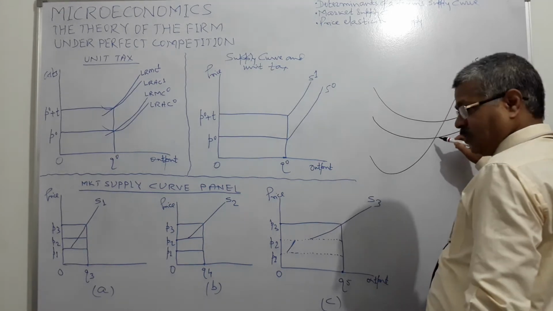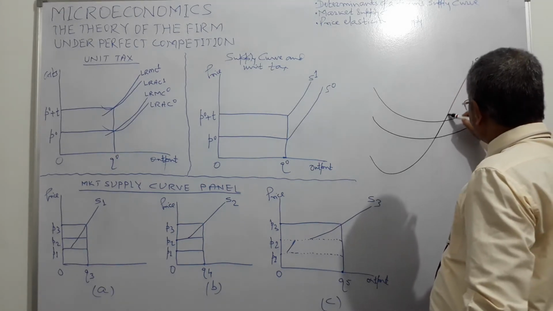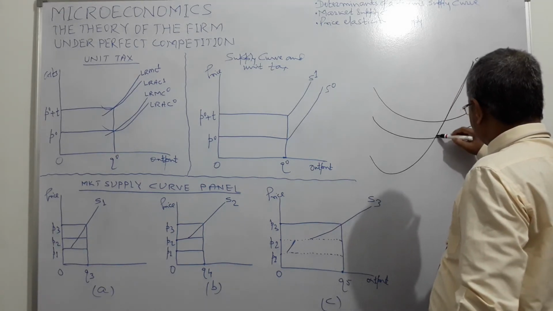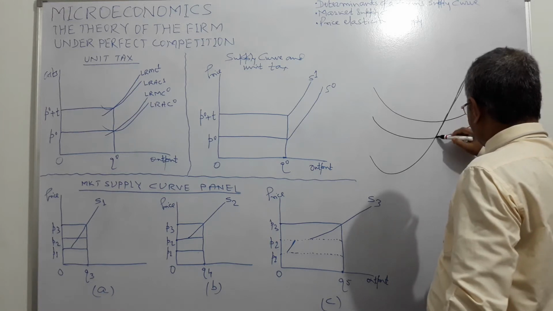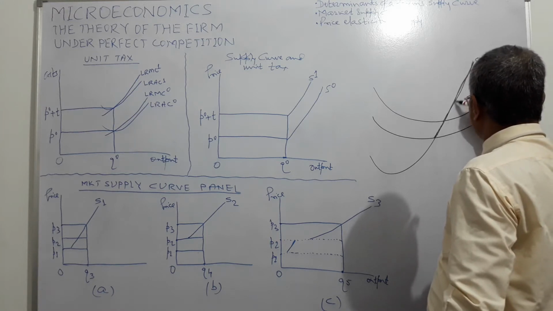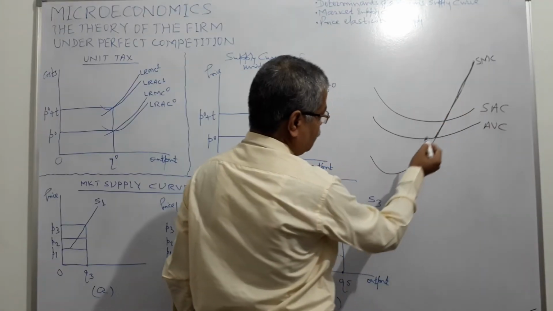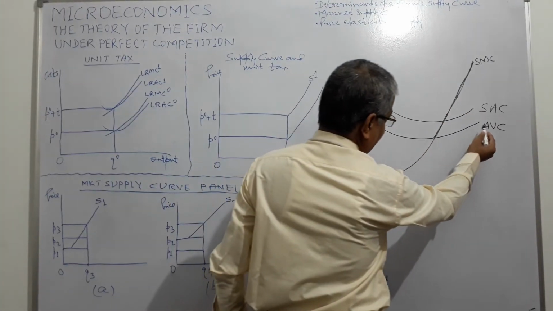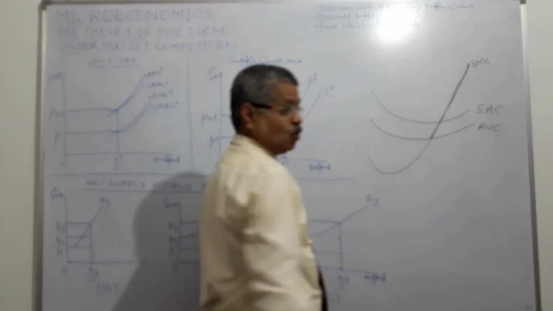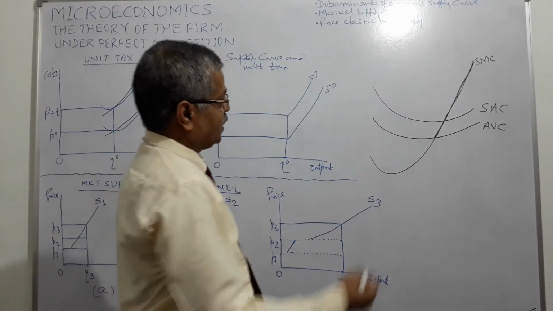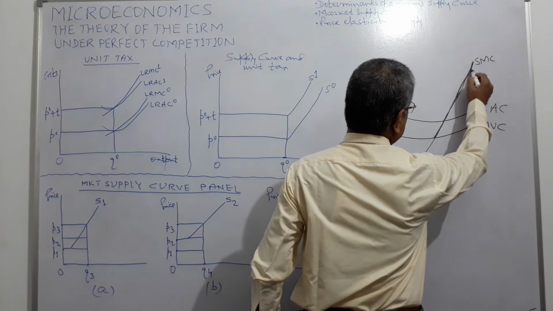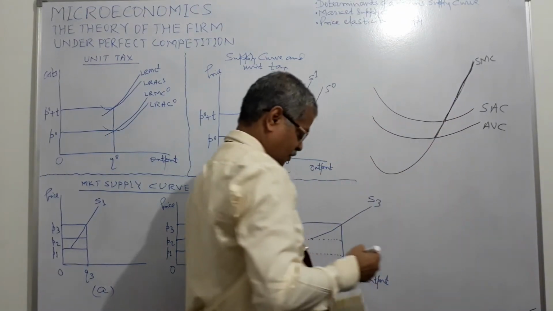And we had also seen that this bold line was the short run supply curve, where the short run marginal cost was cutting the average variable cost at its lowest. And this is the short run supply curve.